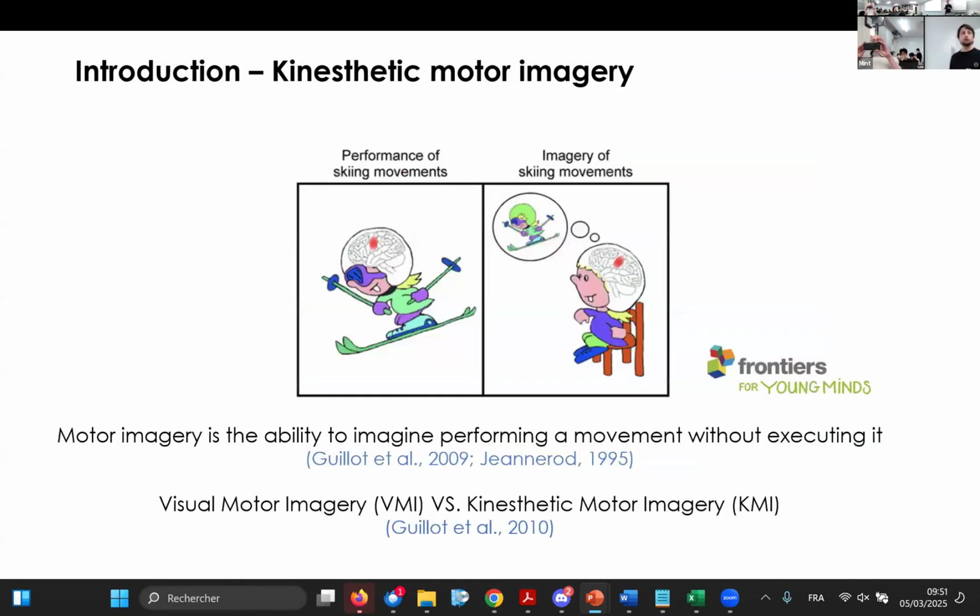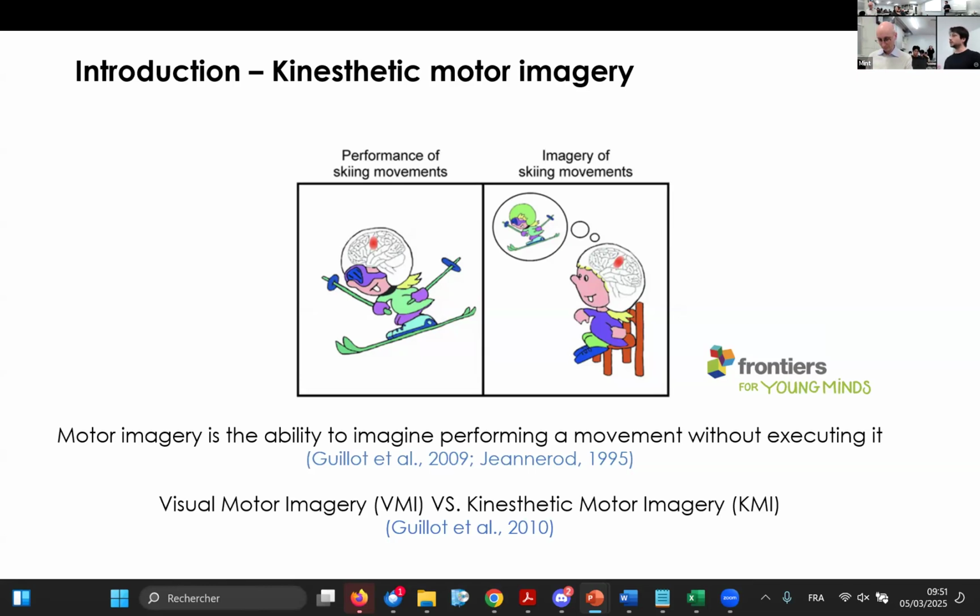When we talk about brain-computer interface based on cerebral motor activity, we often talk about motor imagery tasks. In the literature, we can distinguish two kinds of motor imagery tasks, visual motor imagery and kinesthetic. The kinesthetic motor imagery task is very interesting for BCI, but complex to perform for the user.